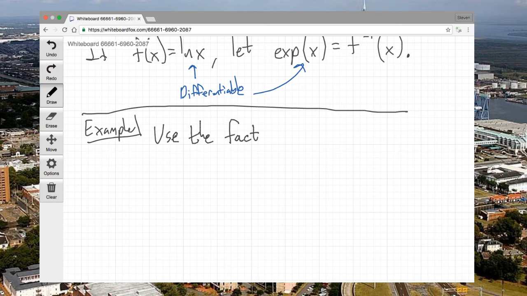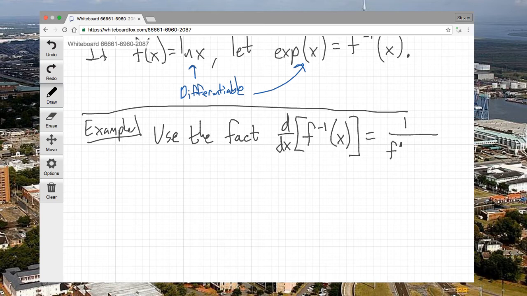I would remind you that the derivative of an inverse function is 1 divided by f prime of f inverse of x.